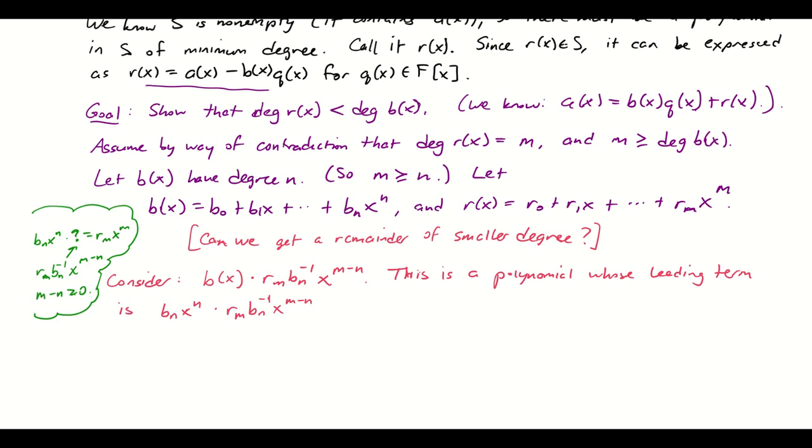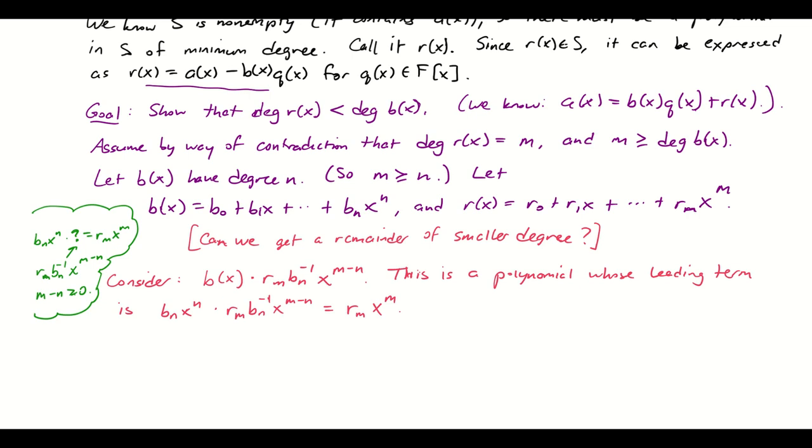That's going to give us the leading term of this new polynomial. And that's going to be rm, and then my bn's go away because I've got the inverse there, and then x to the n times x to the m minus n, that is just x to the m. So that is my leading term, and that's perfect because now when I subtract that from r of x, that's going to eliminate my leading term, and I'm going to end up with something of lower degree.